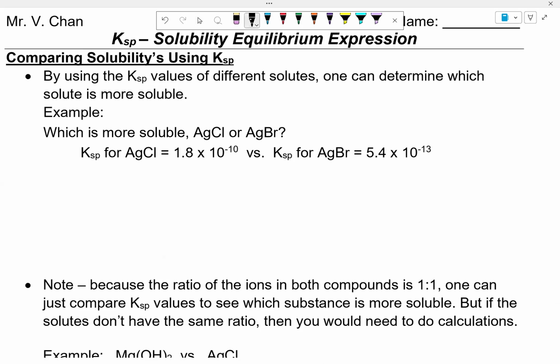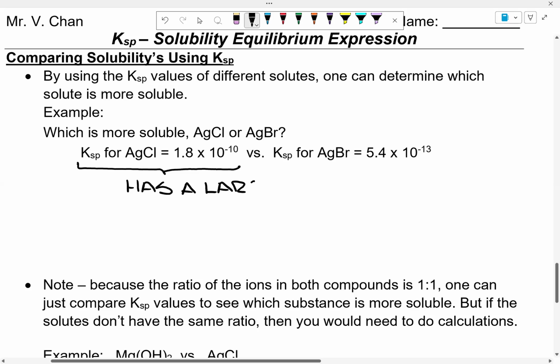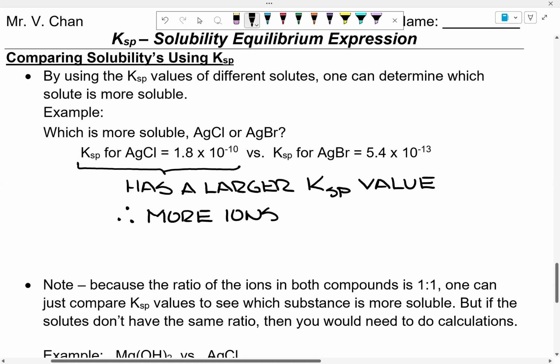Now, in this particular case, the AgCl has a larger KSP value. And because it has a larger KSP value, it has more ions in solution at equilibrium.